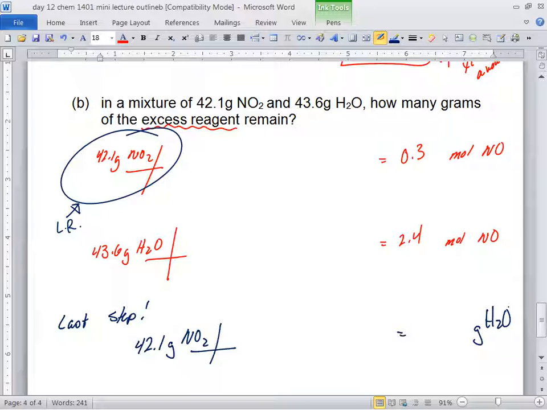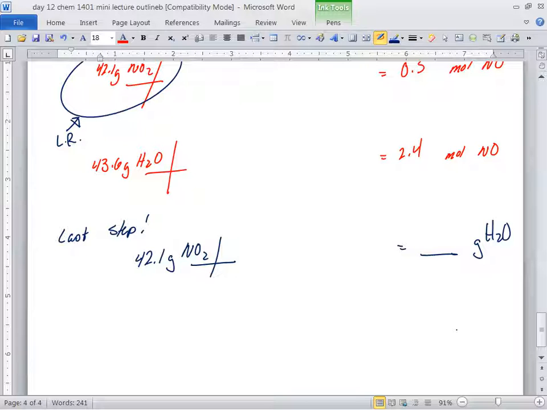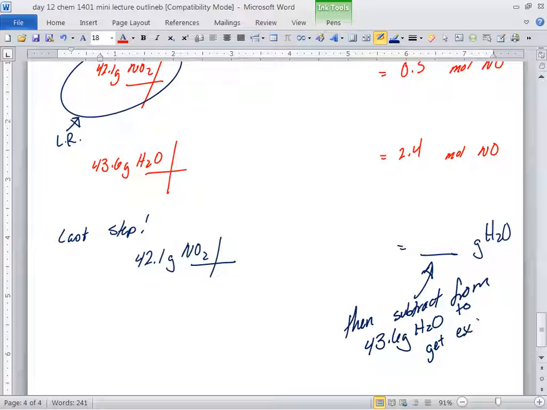Is that your answer? No, that's the grams of water that reacted. So subtract that from 43.6 to get your excess.